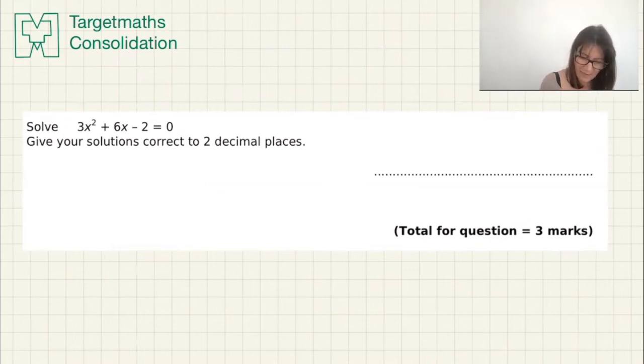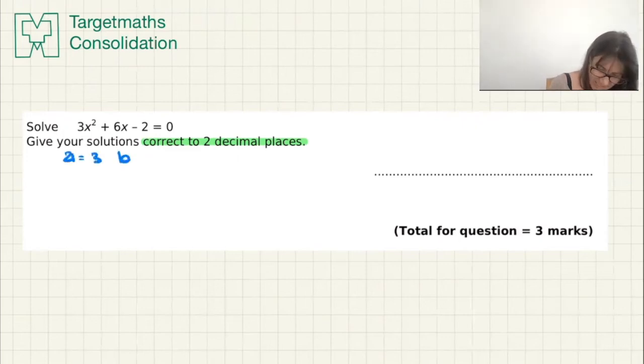Okay, so again, the giveaway here is this correct to 2 decimal places. No point in even wasting my time trying to factorize that because it's 2 decimal places. So my A is equal to 3, B is equal to 6, C is equal to minus 2.